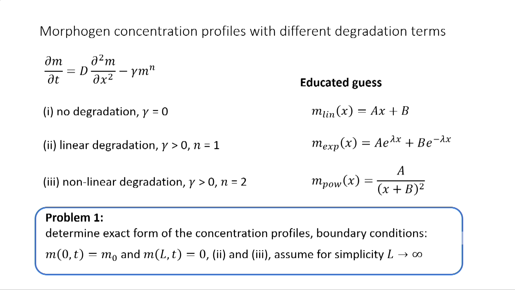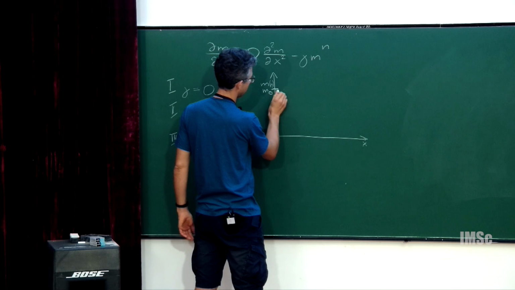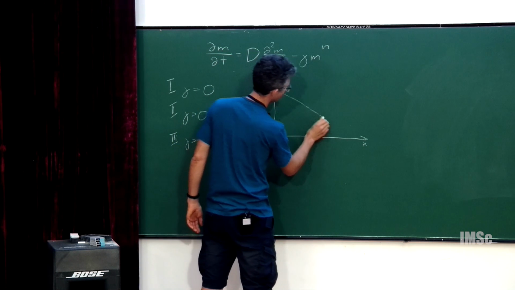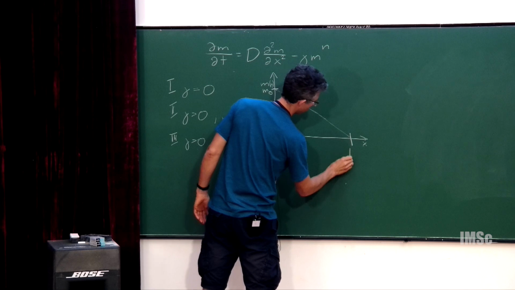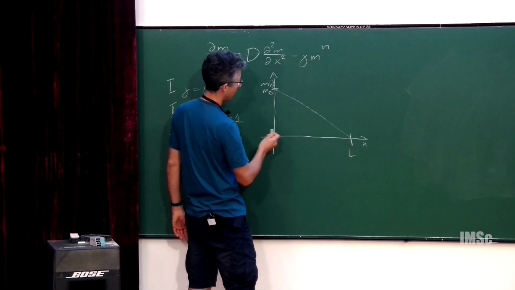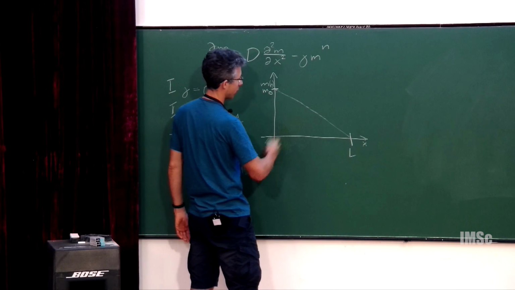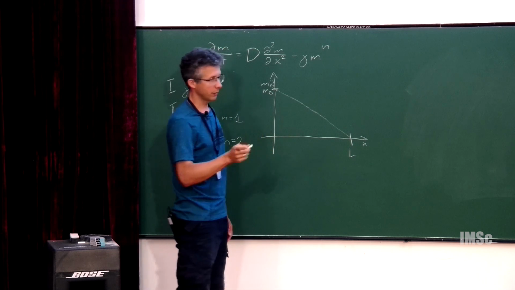It produces morphogen at a concentration M0, and then depending on the case, it can either be this linear degradation. There is tissue length L, and then based on this, we will determine the steady state solution.